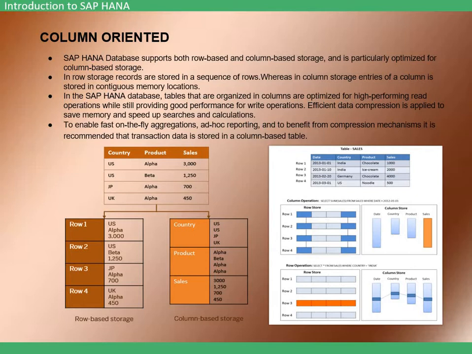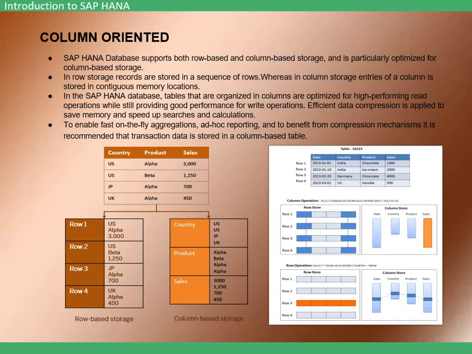To enable fast on-the-fly aggregation, ad hoc reporting, and to benefit from the compression mechanism, it is recommended that transaction data is stored in the column-based table. Column-based architecture provides the capability to retrieve the data faster than the row-based architecture, since the entire column is stored in a contiguous memory location.